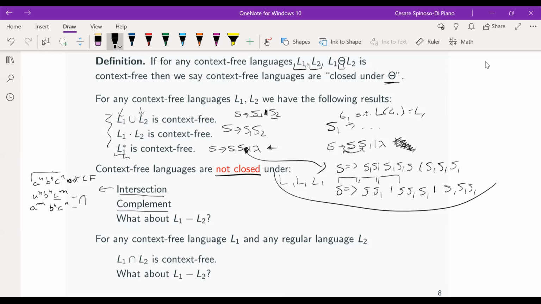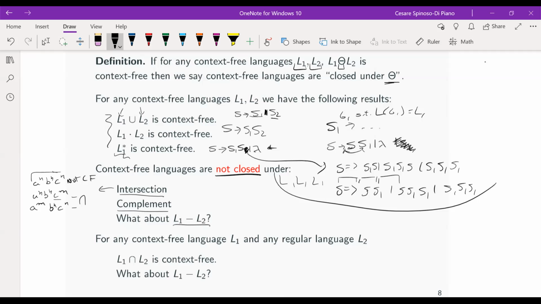For the complement, I don't think they actually gave you a counterexample, because it's a bit trickier to think of a contradiction for the complement. But do we think that the difference is or isn't closed? If L1 and L2 are context-free, is L1 minus L2 going to be context-free?